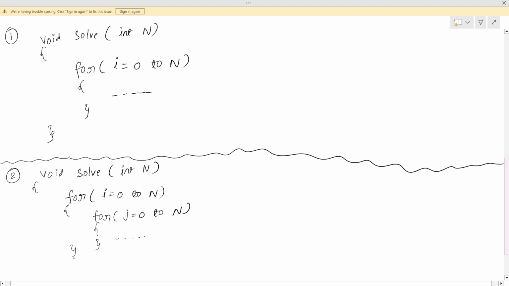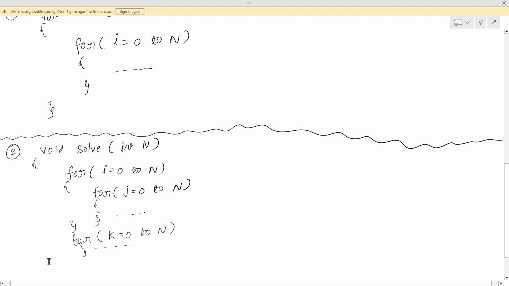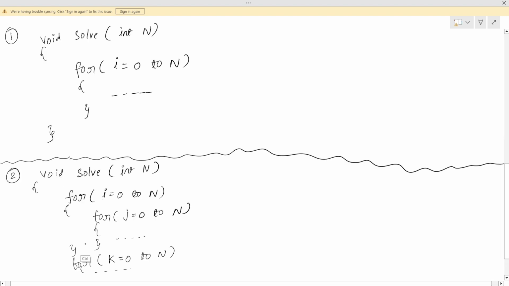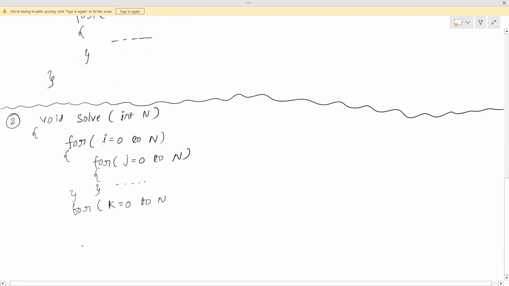These are 2 for loops, and I have one more for loop as well, let me say, for k is equal to 0 to n. And let me say here I have some operations and I'm closing it here.